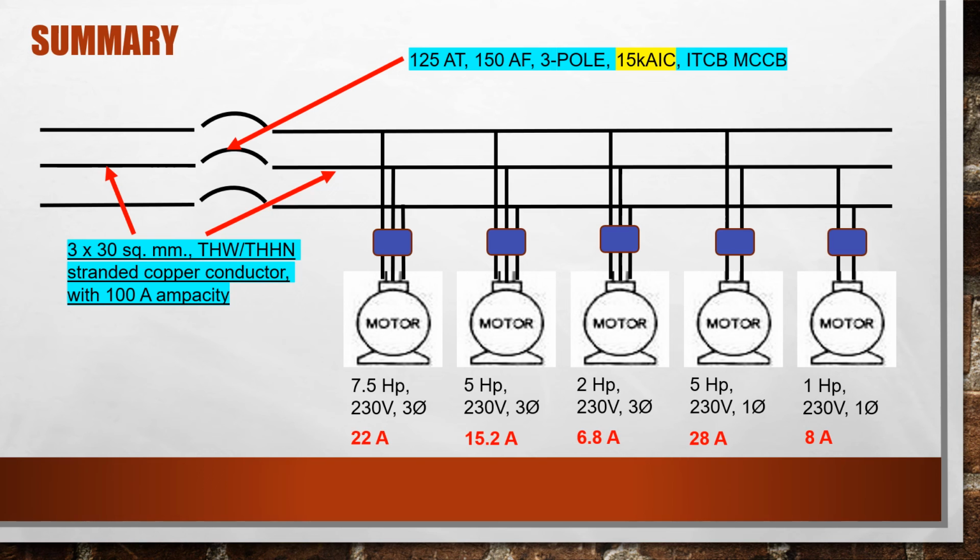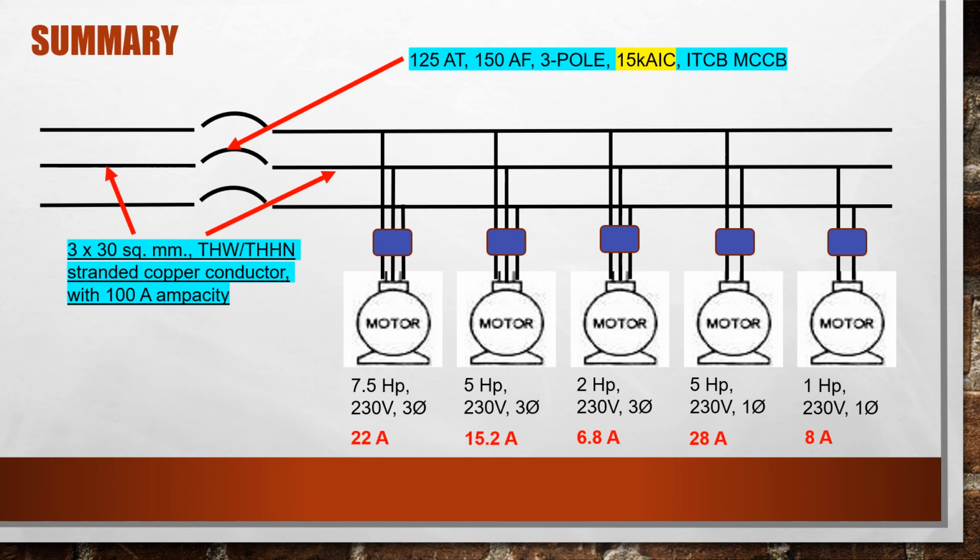This ampere frame you can also see in the tables of the manufacturers, or OEM, original equipment manufacturer, and in the catalogs of the electrical products. And we have to mention also the number of poles, 3 poles, since we have a 3-phase.